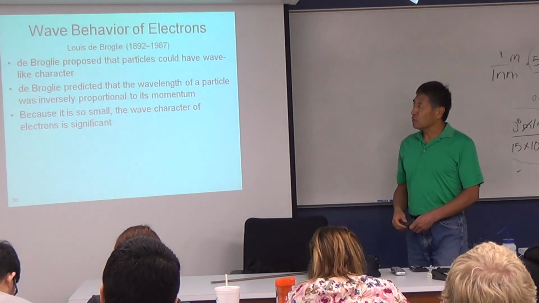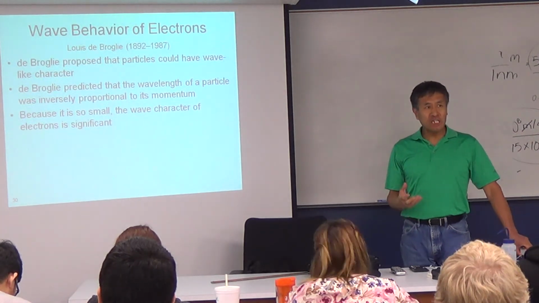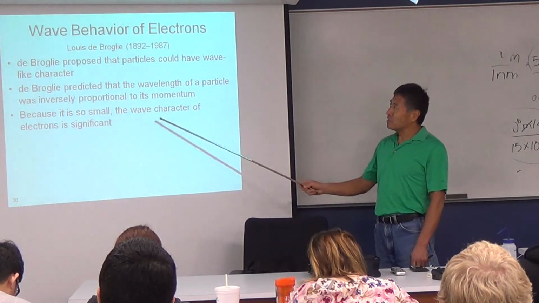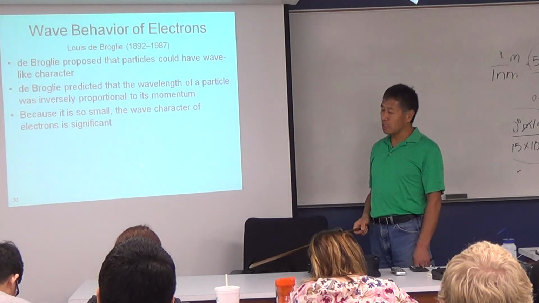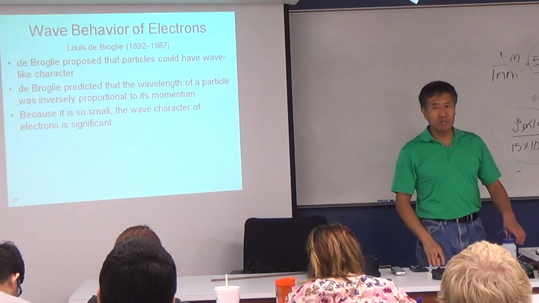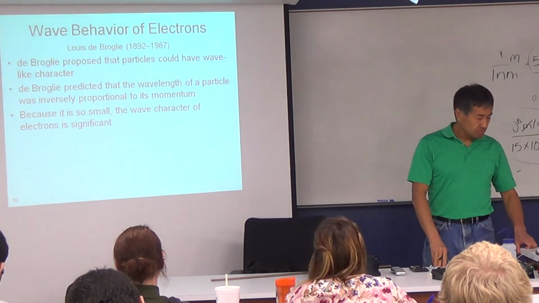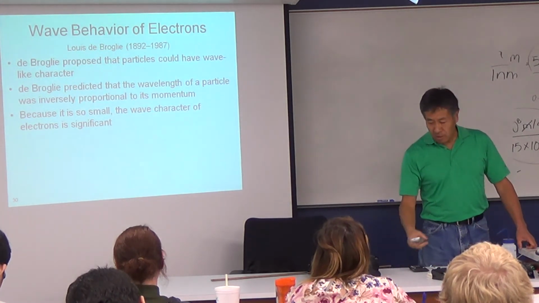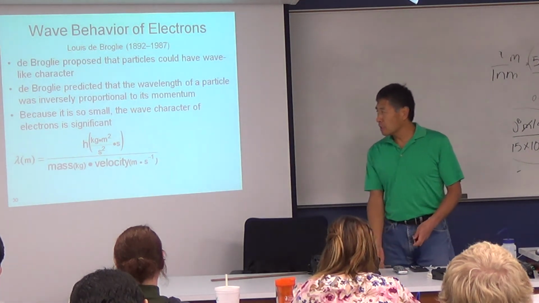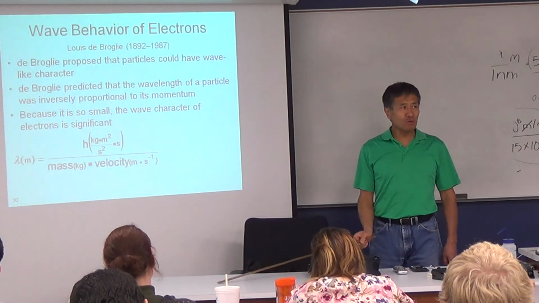Out of those experimental results, one scientist called de Broglie even proposed a formula to calculate the wavelength for the electron wave. He came up with this formula, lambda, which is the wavelength for the electron wave.